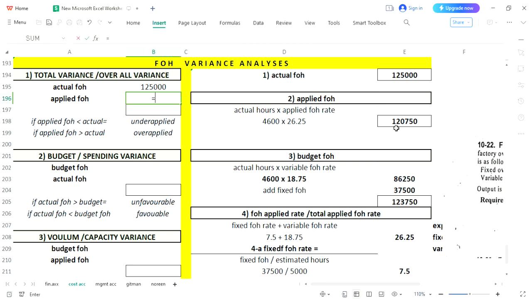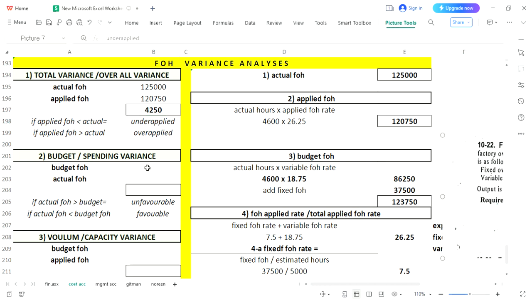This is your applied FH. Please focus upon that. You will put it over there. Variance would be calculated by taking the difference of both. How? 1,25,000 was the actual amount, you need to subtract 1,20,750.